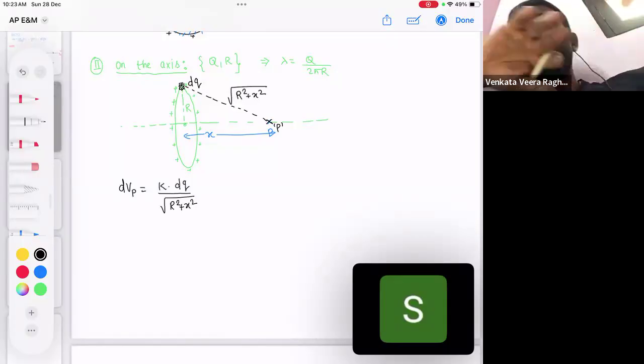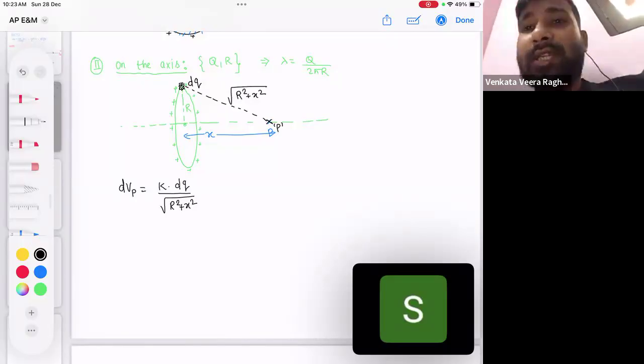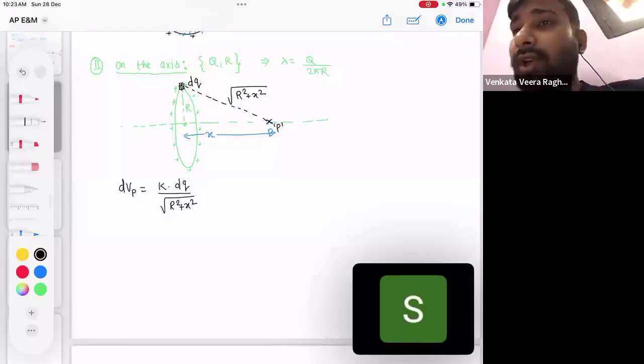And we have divided this ring into many small elements. A small element I can consider as a point charge. So we got the small potential at point P. If I want the net potential at point P, what we should do? We should integrate that, isn't it?